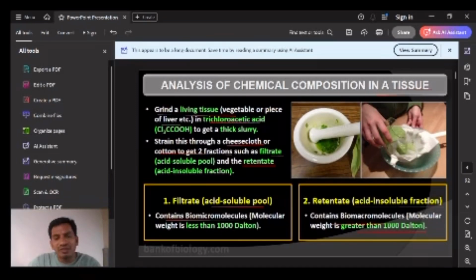Those with molecular weight less than 1000 pass through the funnel into the beaker; that is the filtrate.